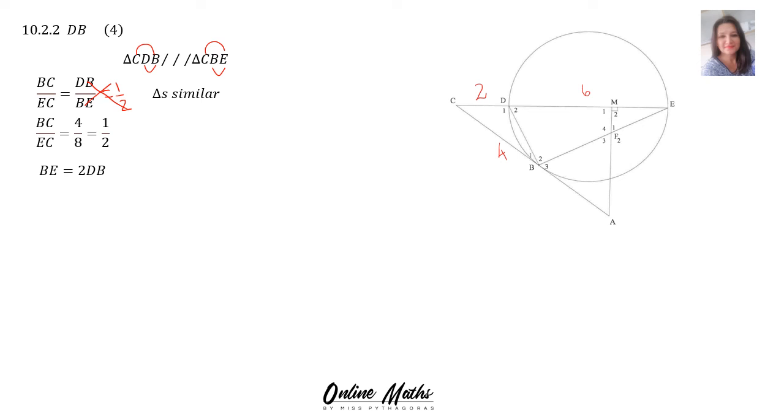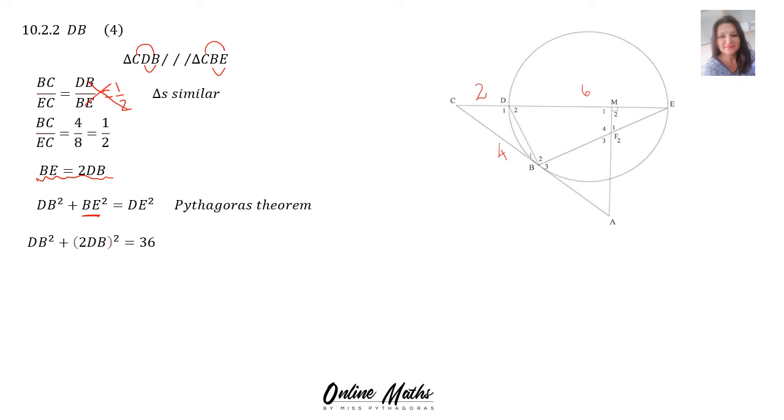That's important. We move to the theorem of Pythagoras. In triangle DBE, we can say that DB squared plus BE squared is equal to DE squared, the theorem of Pythagoras. And then in BE's place, we have that BE is 2 DB. So I'm going to substitute that.